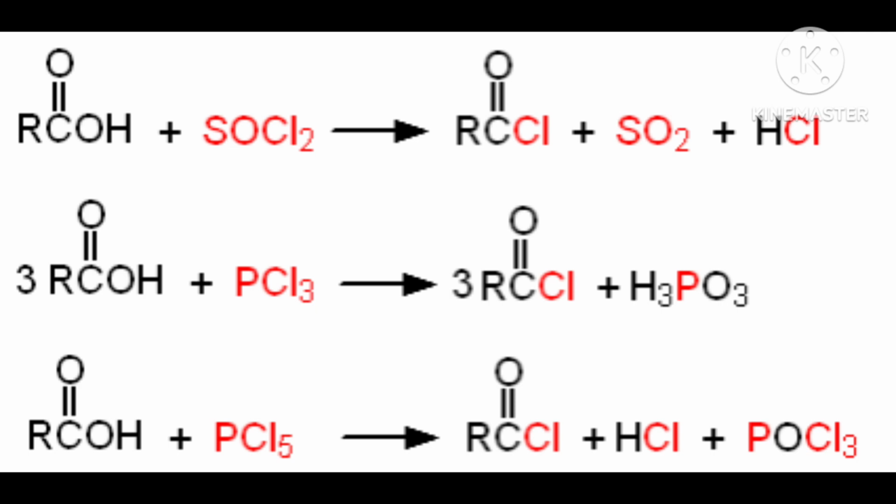Then what will happen? NH4 is there, here 2 oxygens are there, CH3COONH4. Then 2 hydrogens from the ammonium ion which is joined, and one oxygen atom of ammonium acetate, will make H2O.